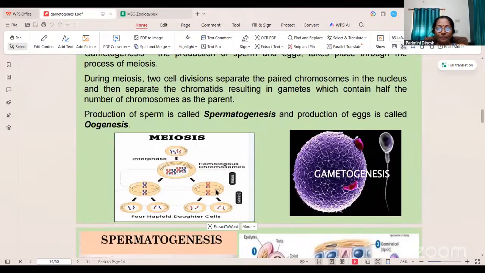This haploid number has to undergo another division, meiosis 2, to reduce into single chromosomes. From one mother cell you get 4 cells in the sperm, but in eggs, from one mother egg you only end up with one matured egg. Why? We'll be discussing all this.